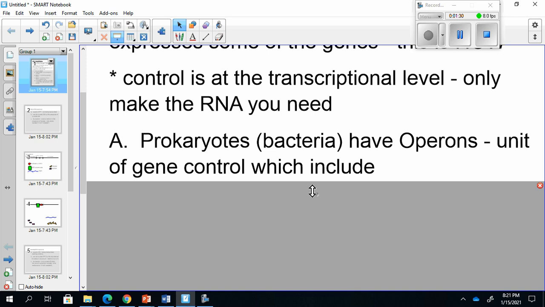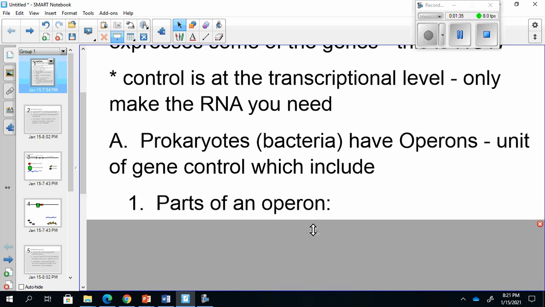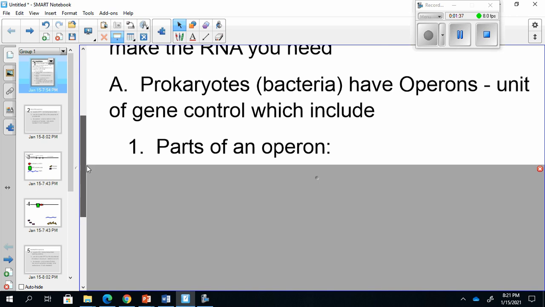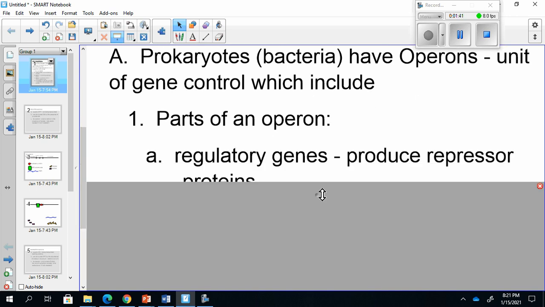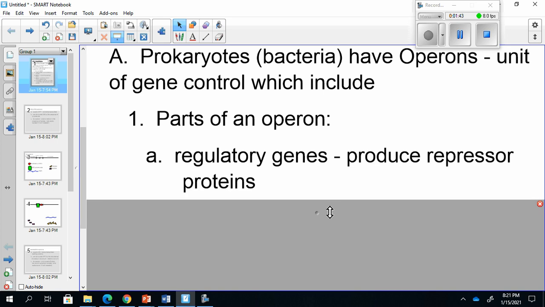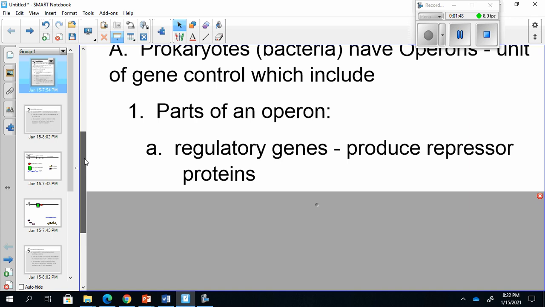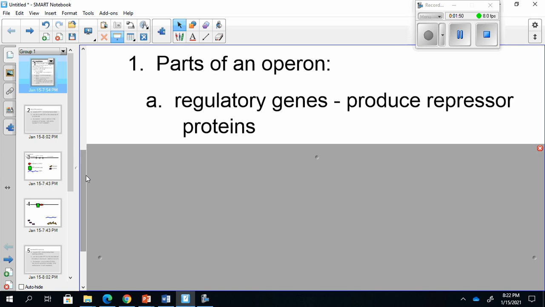They have these units called operons. So the parts of an operon are really important to understand. So first of all, it's a segment of a gene. All right, within it, there's a regulatory gene that produces repressor proteins. And I'm going to show you a visual in a minute so you can really put this all together.